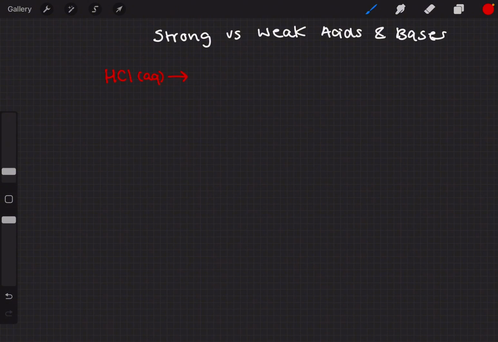So you're going to be left with a hydrogen ion and a chloride ion. And then this is an example of a strong acid. It is going to completely ionize. Hydrochloric acid is going to completely ionize. All of the particles are going to completely separate into hydrogen ions and chloride ions.